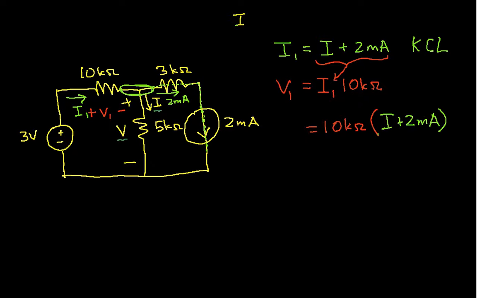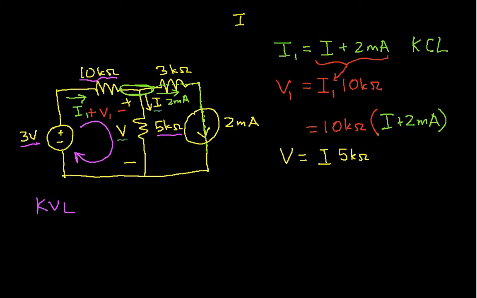So that tells me that the voltage across this 10K ohm resistor depends on I. Why do I want to know that? Well, I also know that the voltage across the 5K ohm resistor is I times 5K ohms. And what I can do now is apply Kirchhoff's voltage law around this loop that includes the 10K ohm resistor, this 5K ohm resistor, and our 3-volt source.